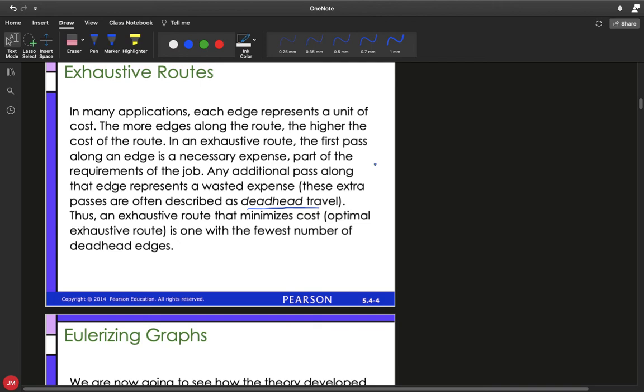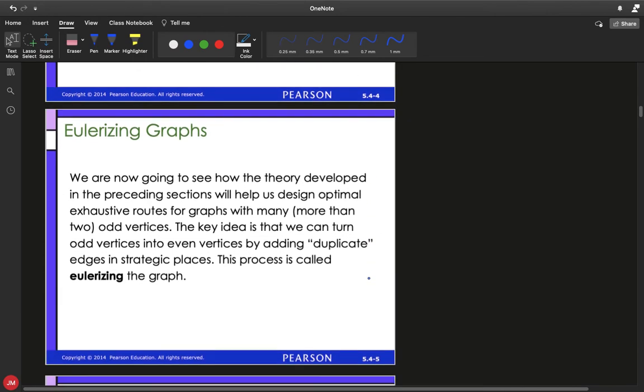An easy way to think about that would be if we had snow plows plowing the roads and doing their best to plow each road just once. Well, deadhead travel would be if they had to go down a street that they had already plowed. Sometimes that's helpful because maybe it snowed a little bit more, but a lot of times it's best to just do it once and not have to do it more than once. So that's what deadhead travel refers to.